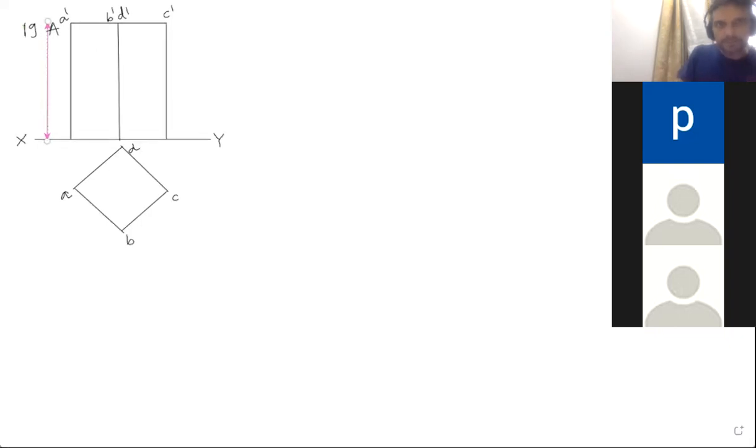This height is 65. And this dimension is 30. And this angle is 45, 45. See, the distance of XY to D is 10 mm. You can take whatever you want. So first you need to draw this.